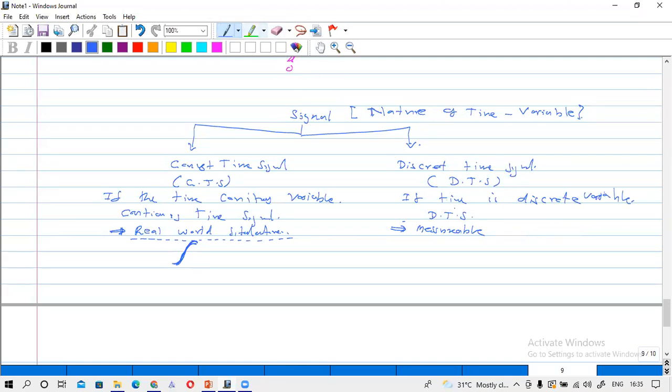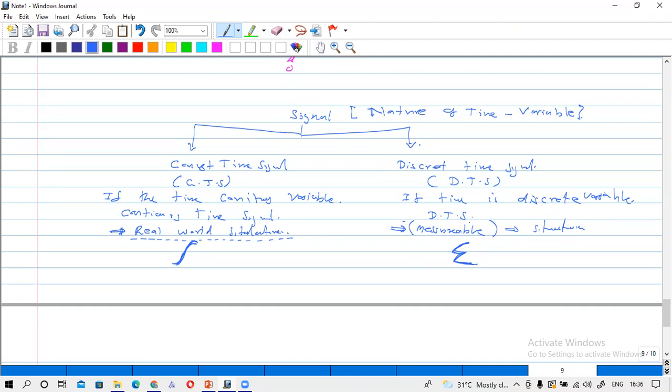If you want to add some points, you can simply take the summation here. No need to do the integration.